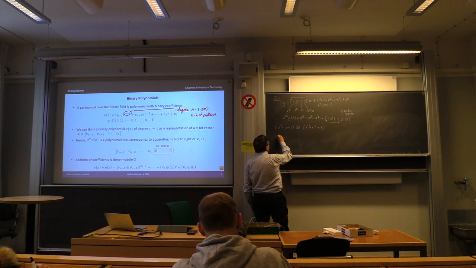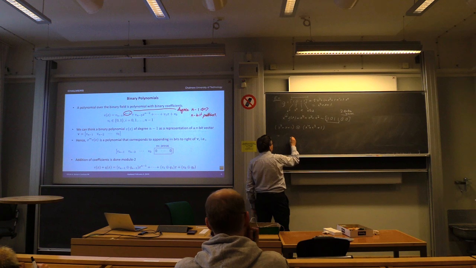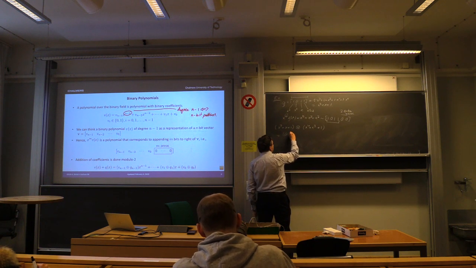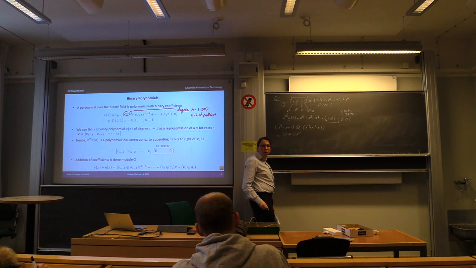So how is this done? Well, let's write this out. We have here x4 plus 0. What do we have in front of x4? Here we have 0, and then modulo 2 addition to 1, because we have an x4 in the second polynomial.